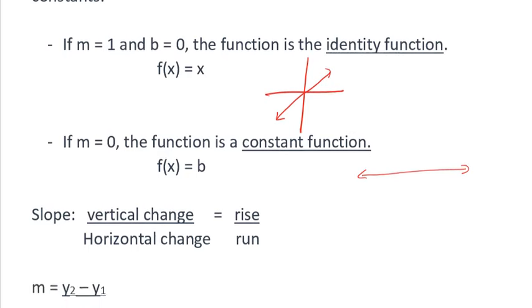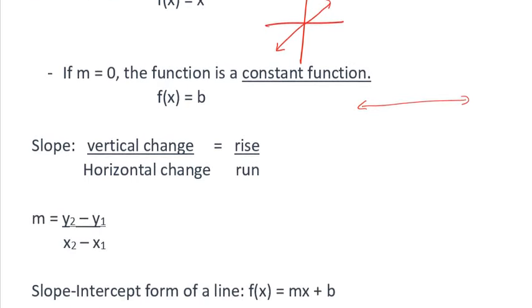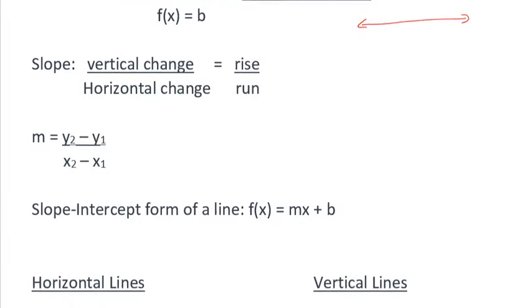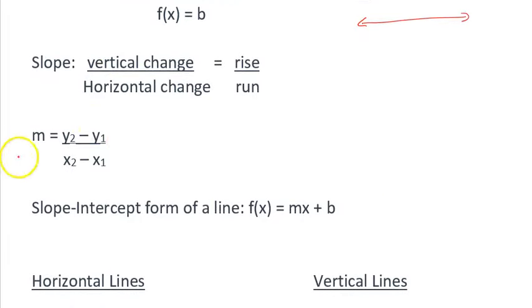Slope is your vertical change over your horizontal change. A lot of you know it as rise over run, but you also have the slope formula, which can help you when you have 2 points and you're trying to determine the slope between them. When you get a positive number, that is an uphill slanted line.